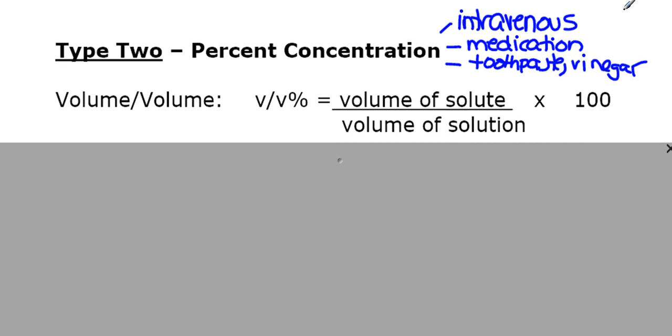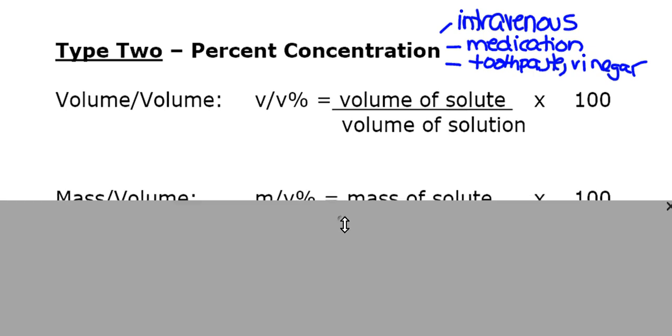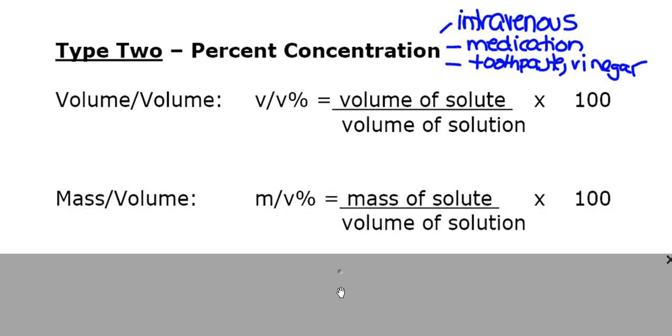So there's three types. They're all set up very similarly. There's one, volume percent: volume of your solute over volume of your solution times 100%. Here the units don't matter as long as both of them are the same. So milliliters and milliliters, liters and liters, they just both have to be the same. Then there's some that are involving mass. So this one's called mass volume percent.